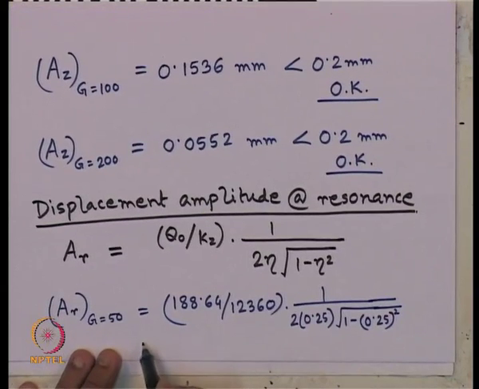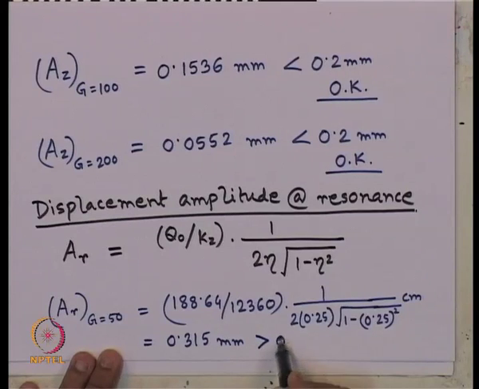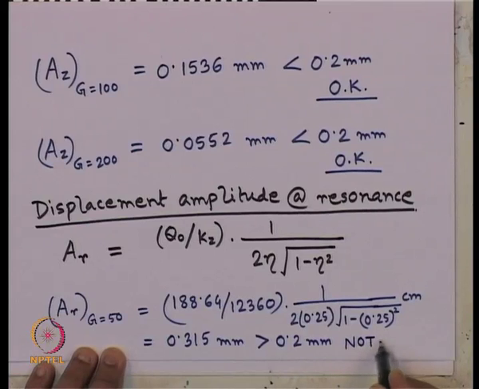And how much we are getting from this? 0.315 millimeter. This will give us in centimeter, we have to convert it to millimeter. So, what is the check we can do here? This is greater than 0.2 mm, which is not okay.